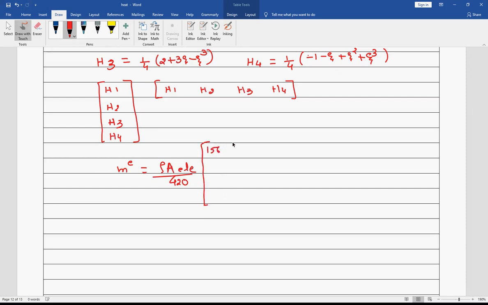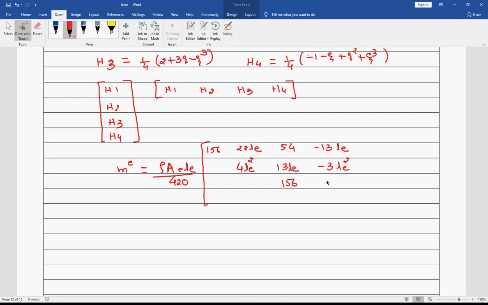Okay, 156, 22 LE, 54 minus 13 LE, 4 LE square, 13 LE minus 3 LE square.